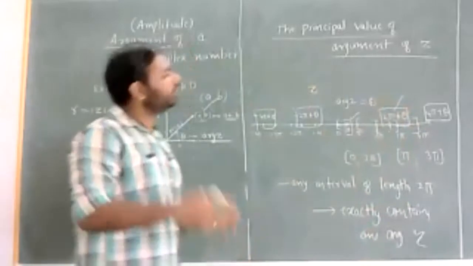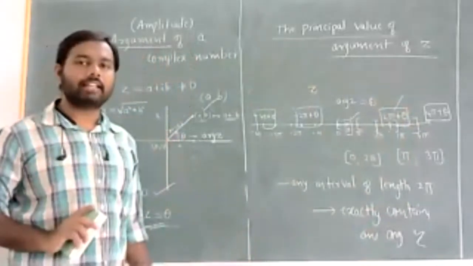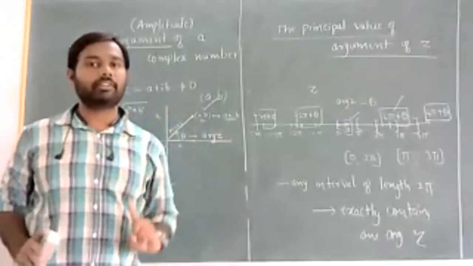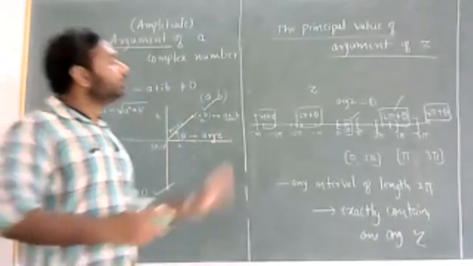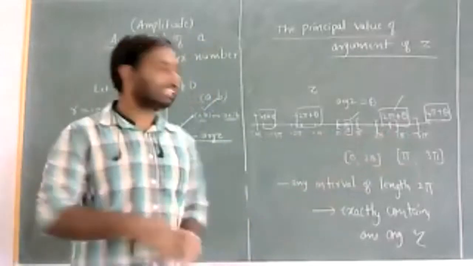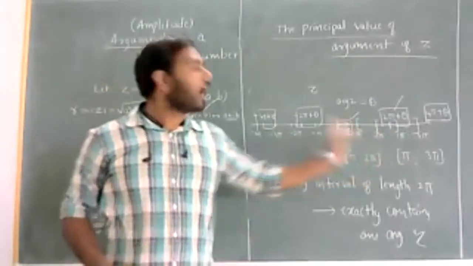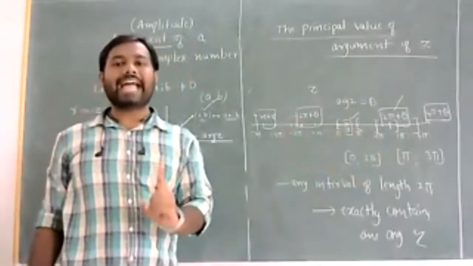Like this, any interval of length 2 pi contains exactly one argument value. Now the question is which interval we can choose. Once again, we have many choices. Among them, we have to choose one standard interval.